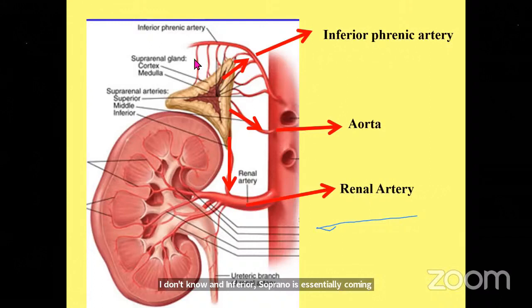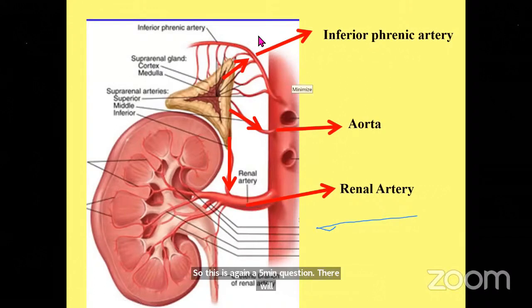So these are the 3 different arteries: superior suprarenal, middle suprarenal, and inferior suprarenal. They have 3 different origins. One is the inferior phrenic, the second one is the aorta, and the third one is the renal. So this is again a favorite question. They will frequently ask about the suprarenal arteries and the branches from which they arise.